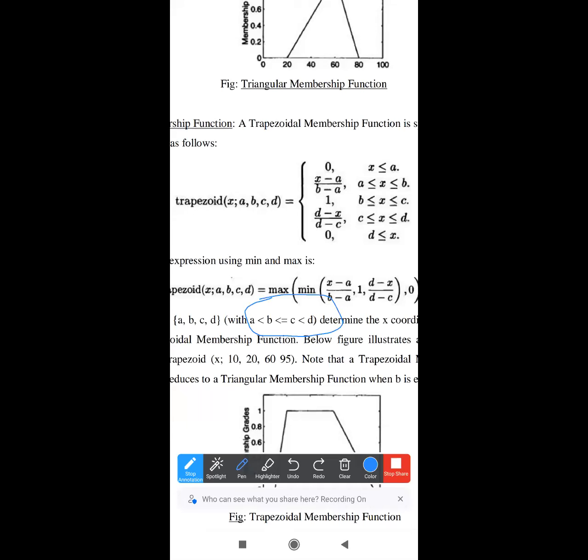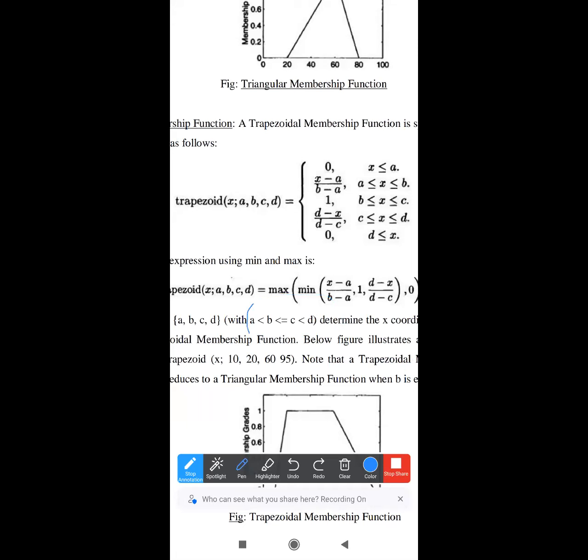And in this case you'll get a graph like this.